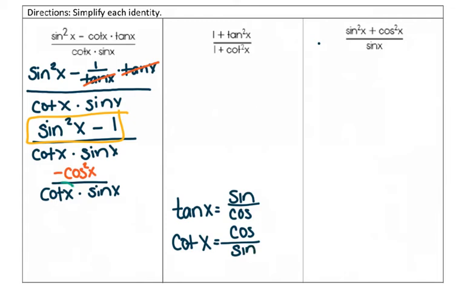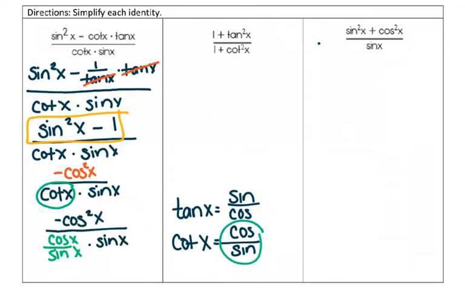So I'm going to take this cotangent and replace it with this right here. So watch what happens. Okay, so I have this. And then on the bottom, what can cancel out is I have a sine x over sine x. So I have negative cosine squared x over cosine x.